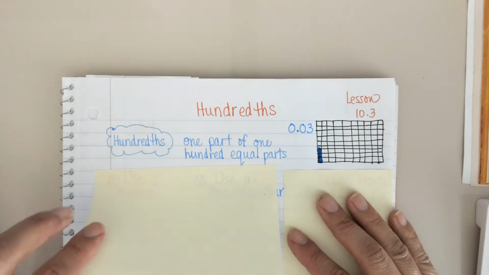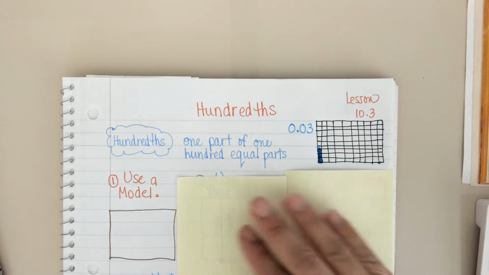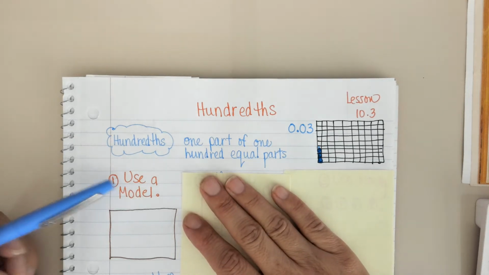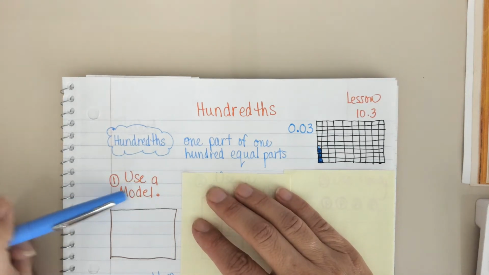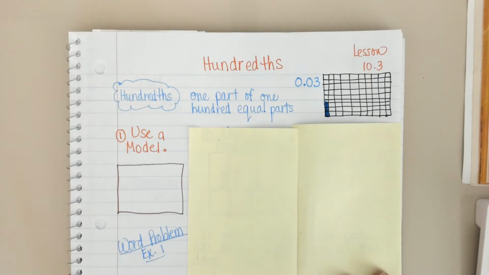Okay, we're going to review. We're going to review making a model. So you get to, number 1, use a model. Make a rectangle that's large enough for you.